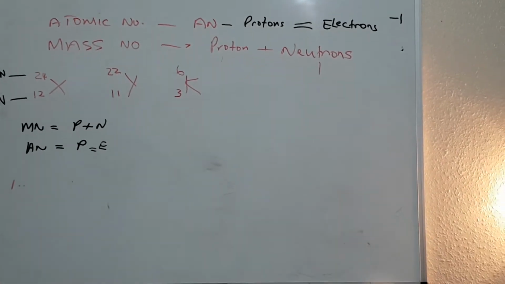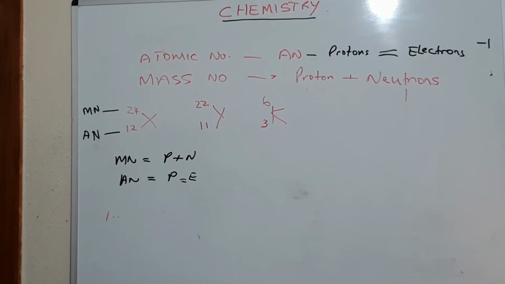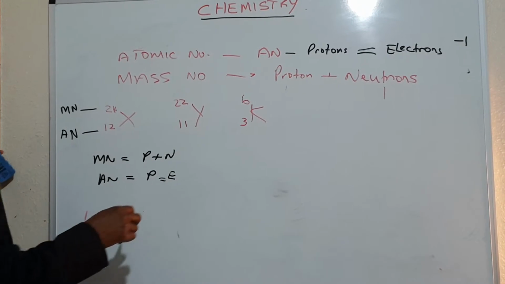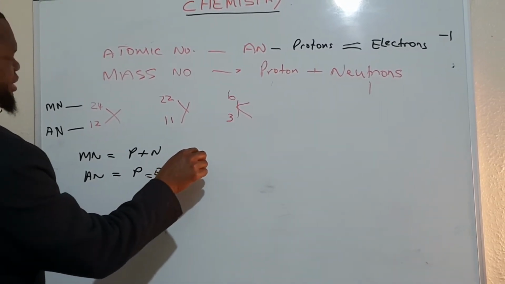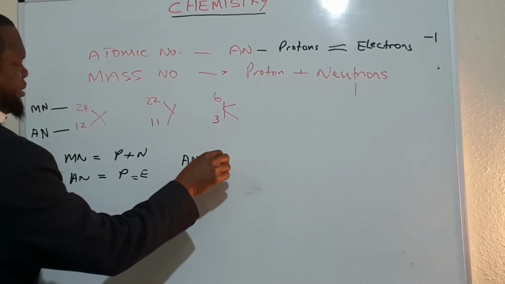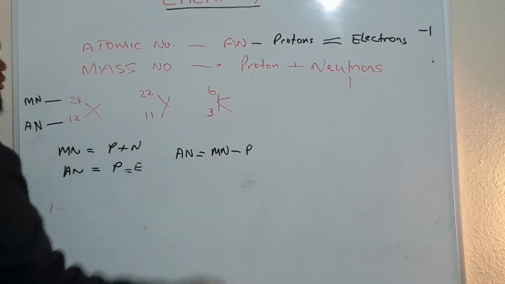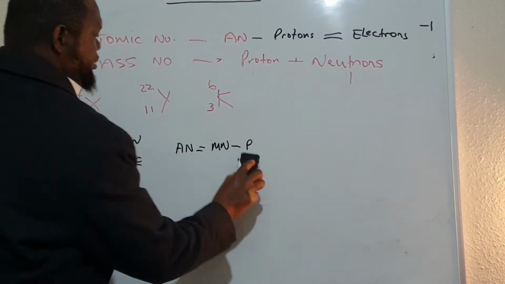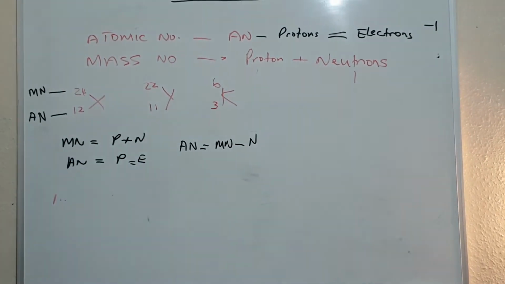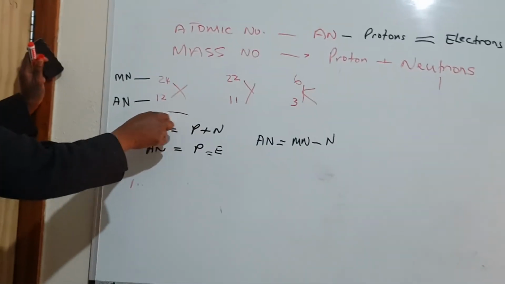So mathematically, the atomic number is equal to mass number minus neutrons. Isn't it?